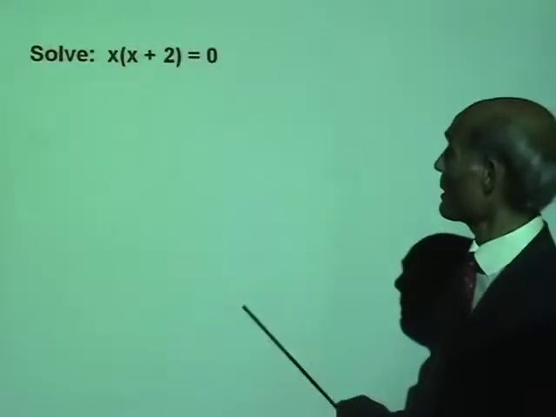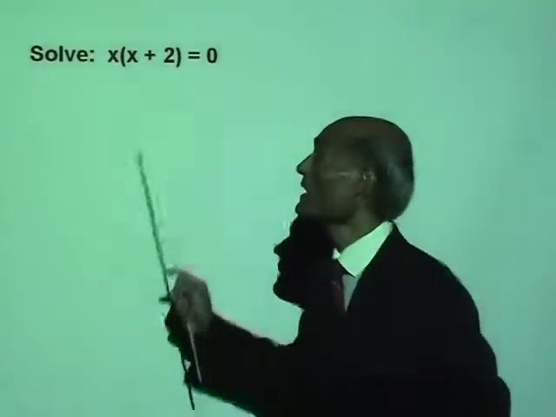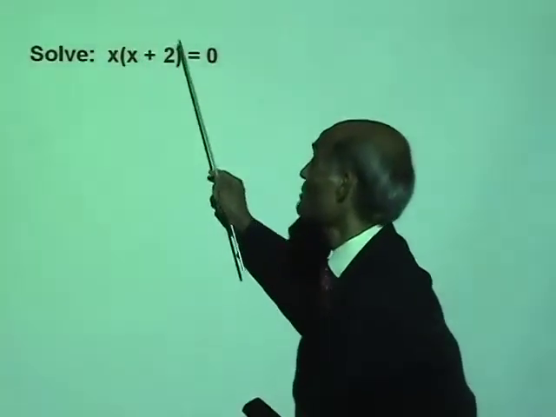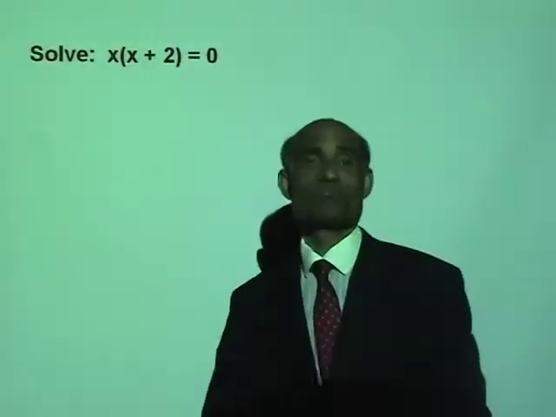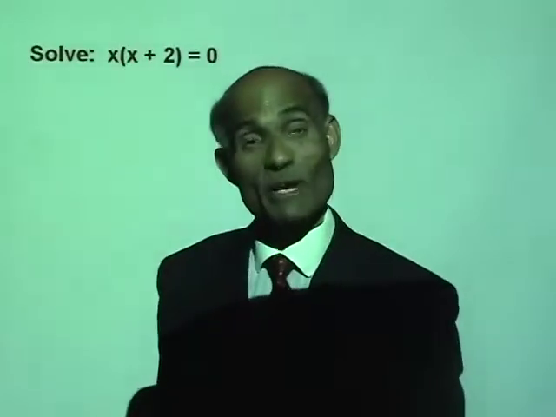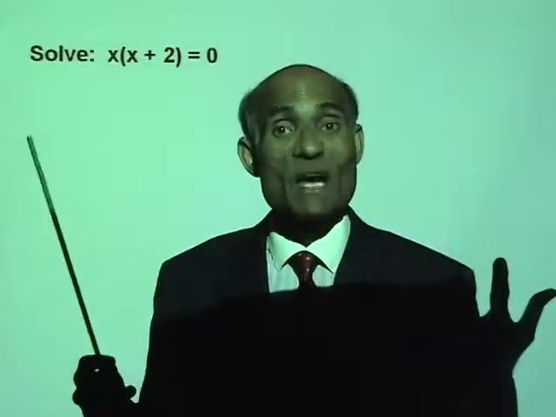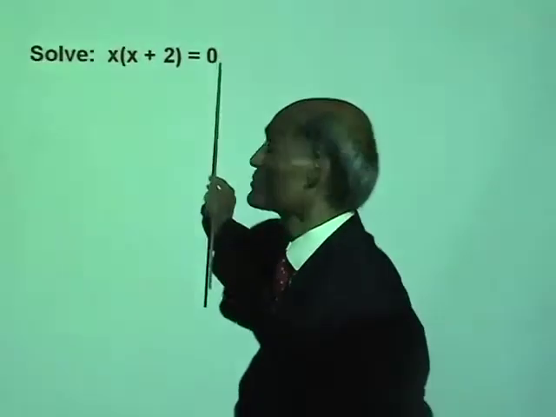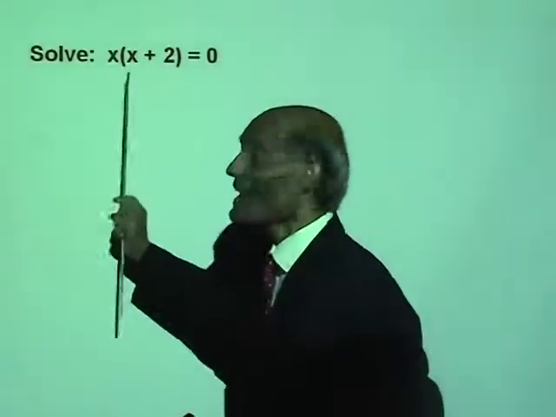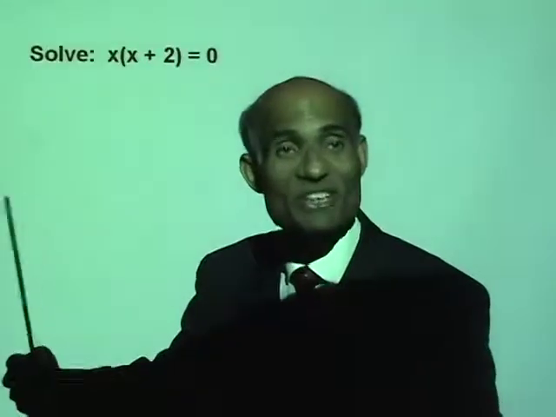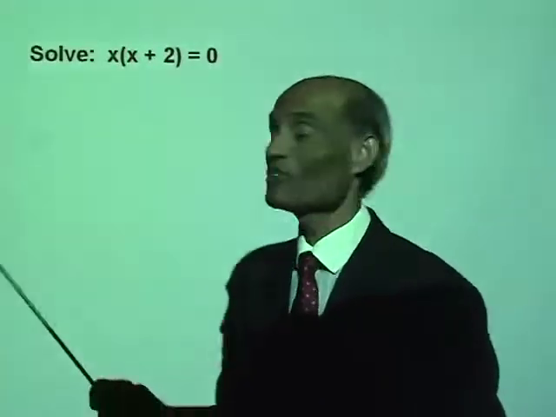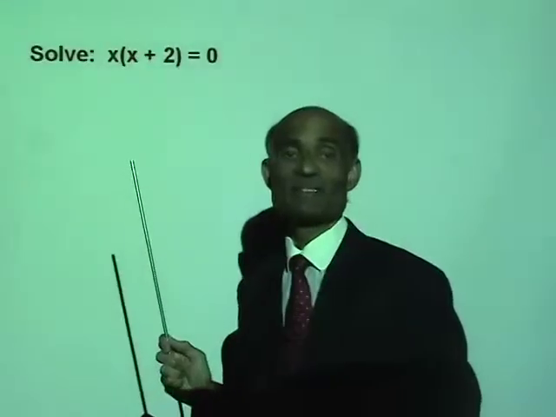All right, let's do another one. Solve x times x plus 2 equals 0. Here again, most of the steps are already done. The right side is 0, the left side is already factored. How many factors are there on the left side?